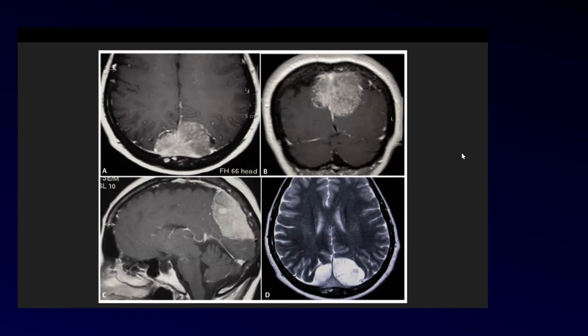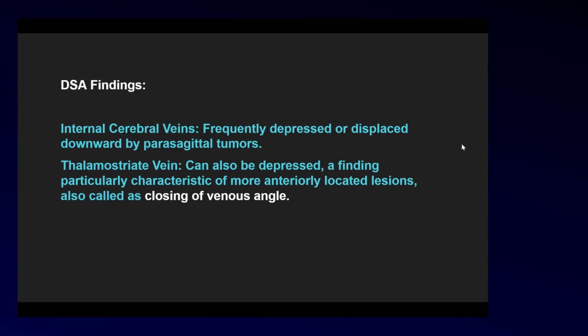Let's see. On DSA, we have certain findings. Unfortunately, I could not find exact images to demonstrate these better, but it's really important to know there are certain signs which are very specific to DSA. We want to see the position of the internal cerebral veins, whether they are depressed, displaced downwards by the parasagittal tumors.